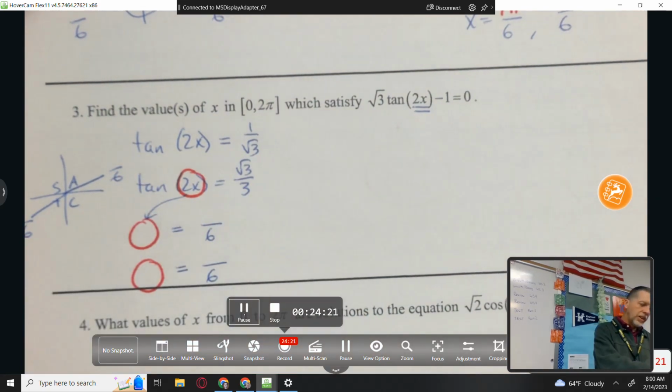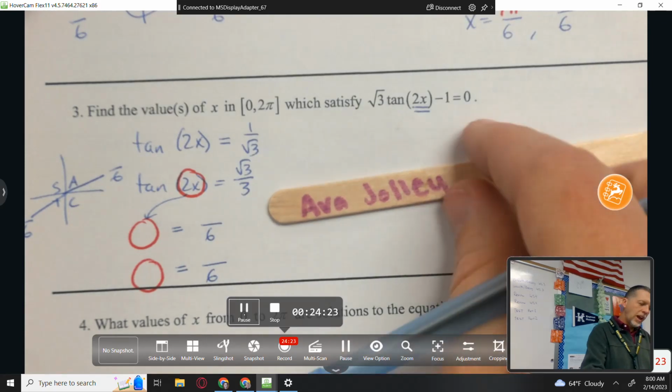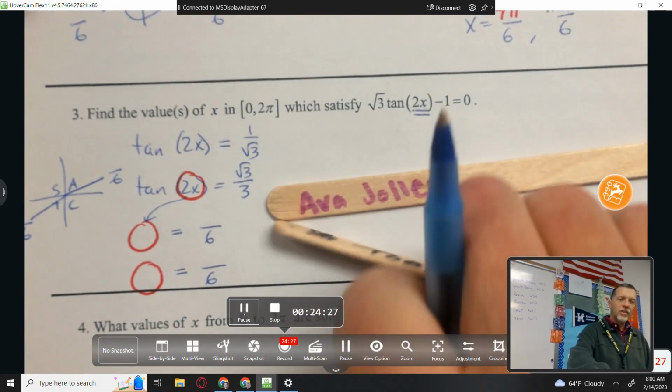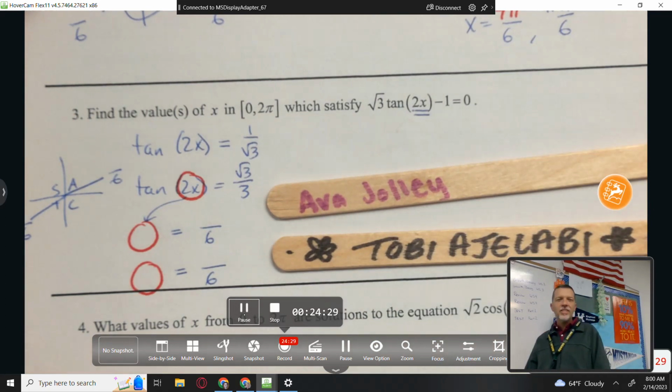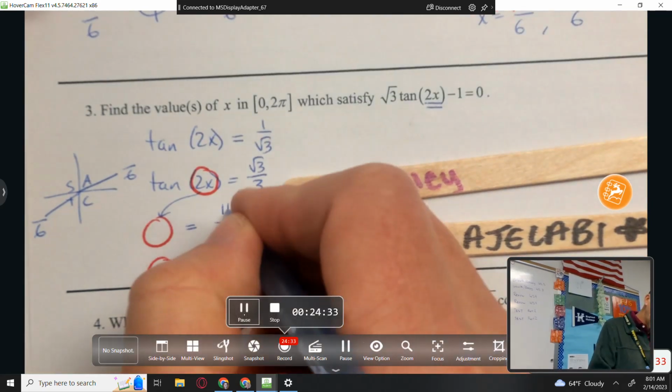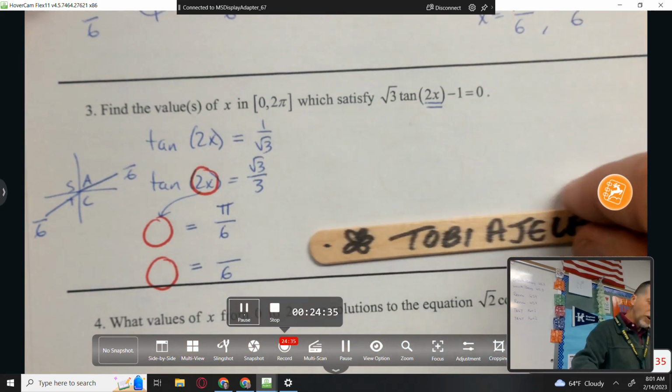So I need over 6 in the first quadrant, Ava, and I need over 6 in the third quadrant, Toby. So Ava, what angle over 6 is in the first quadrant? That's the easiest question of the day. Pi over 6. Toby, hopefully not too much more difficult.